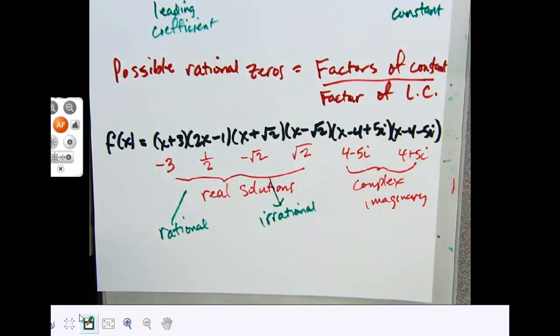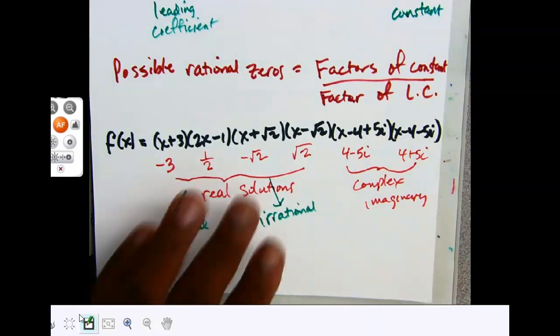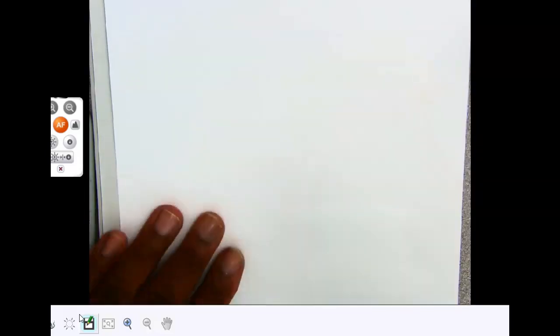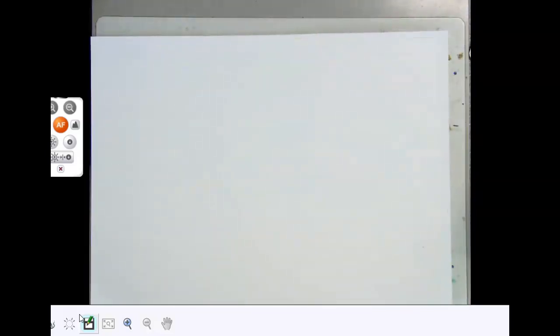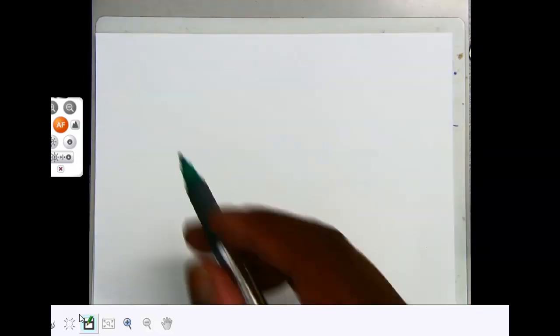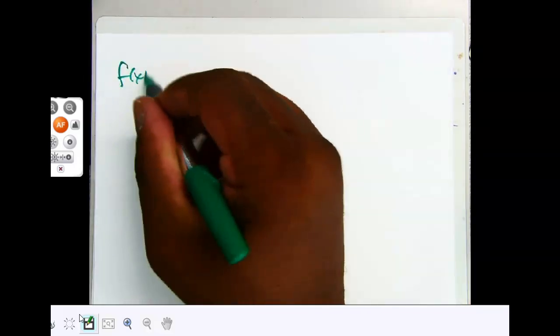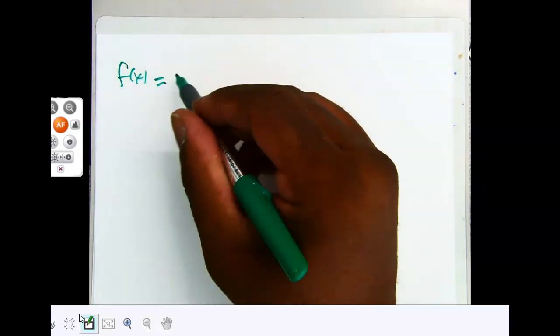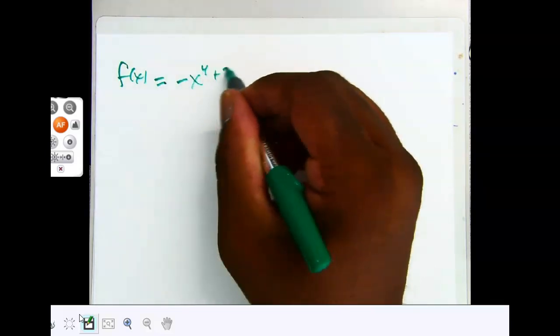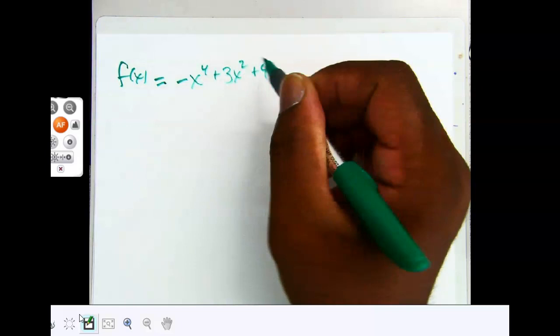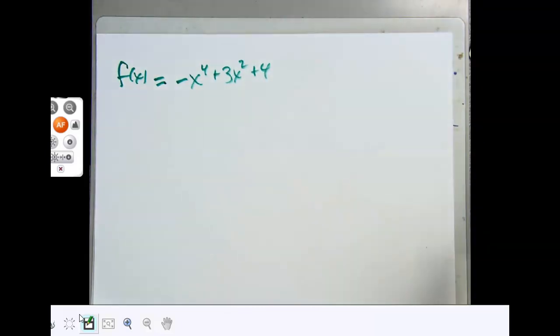Let's take a look at an example. So let's say we have f of x is equal to -x to the 4th plus 3x squared plus 4. Right, so it's written in standard form. Here we have a function that's of degree 4.